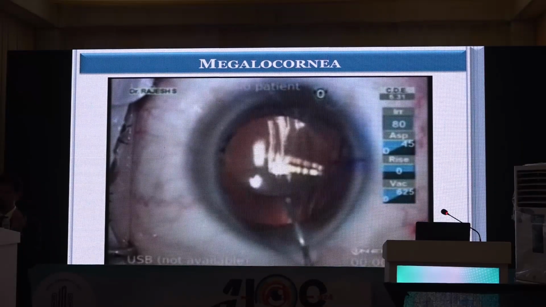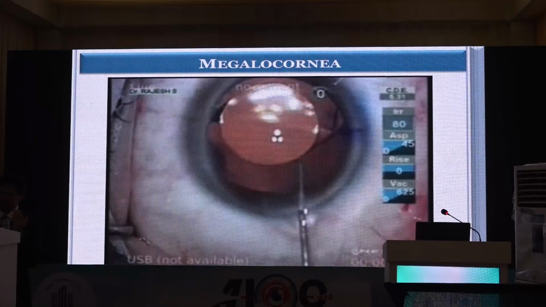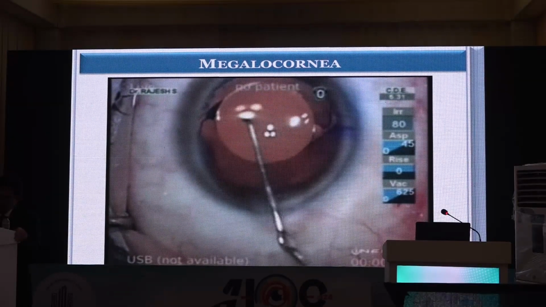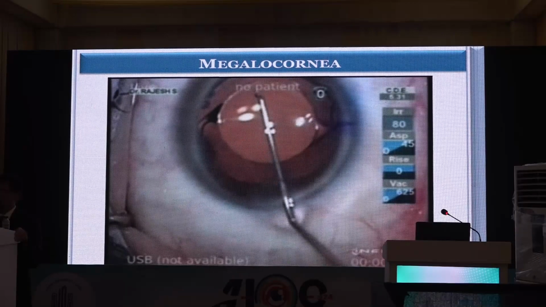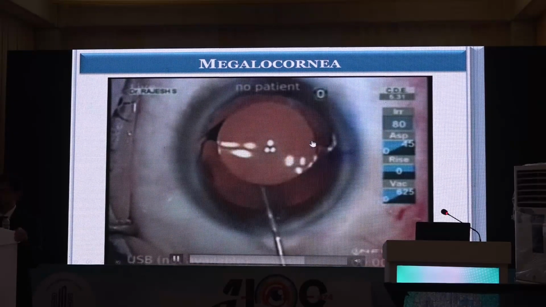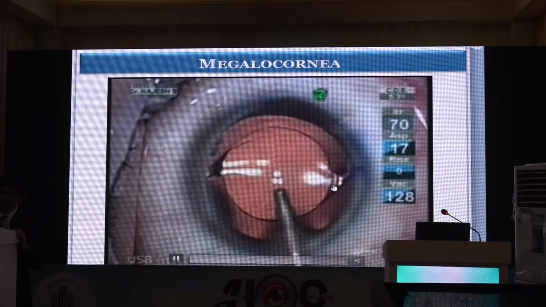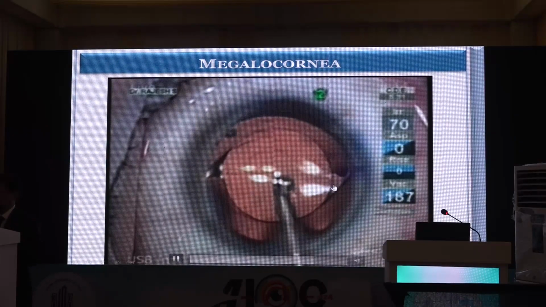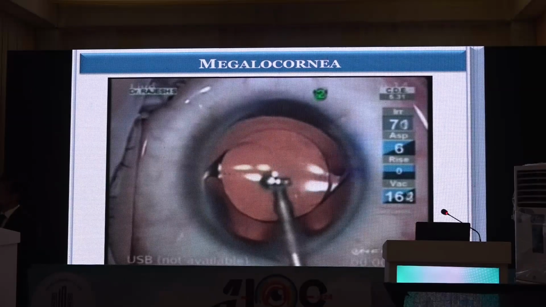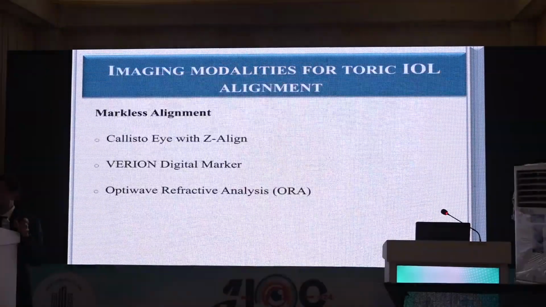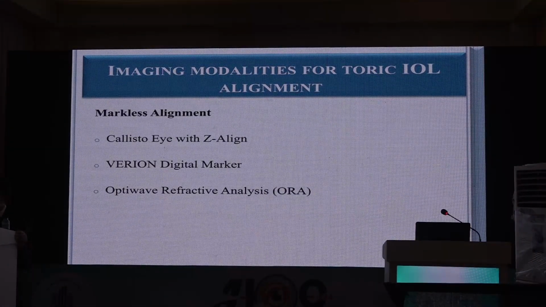Once you have removed that, you can inject some viscoelastic to maintain the chamber, then go behind the IOL and bring it anteriorly once you have rotated it along the axis, and do a reverse optic capture. So in cases of megalocornea, which you get very infrequently, we can do that and have a stable IOL in position.